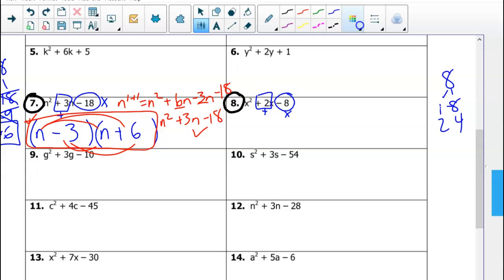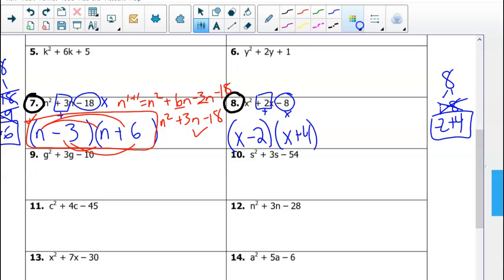Positive 1 and negative 8, that's negative 7, that would not work. Negative 2 and positive 4, that would work, because negative 2 plus 4 is positive 2. So my variable is x, and I have minus 2 and plus 4.